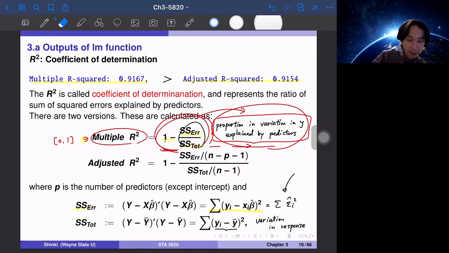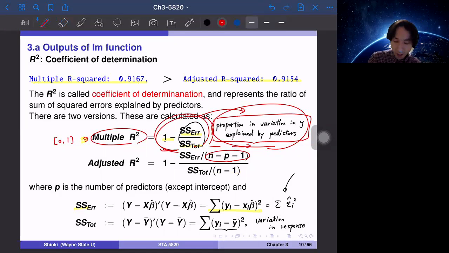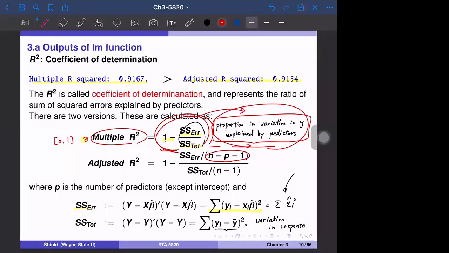We can adjust for that by dividing by the smaller number here. But one problem is that it can be negative. It does not exceed 1, because the adjusted is smaller, but it can be negative.